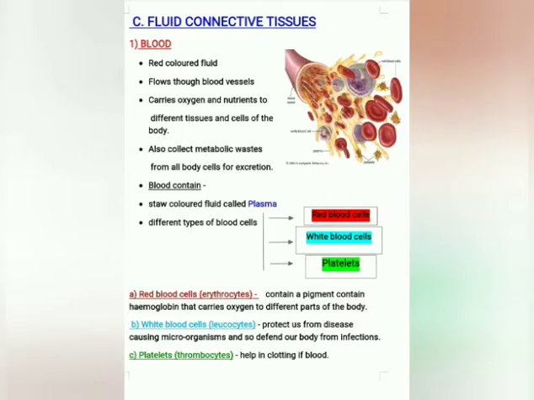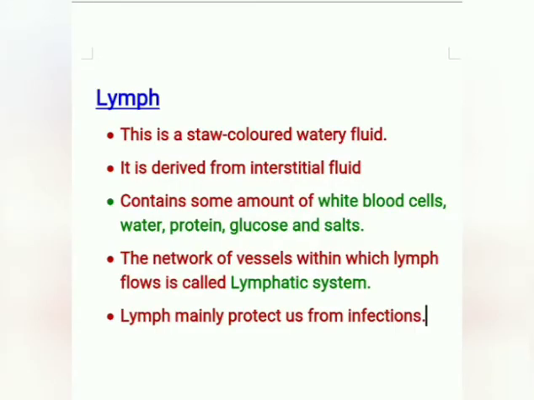Due to the presence of red pigment, that is hemoglobin, red blood cells carry oxygen to different parts of the body. White blood cells protect us from diseases, whereas platelets help in clotting of blood. Lymph contains some amount of white blood cells, water, protein, glucose and salts. They mainly protect us from infections.